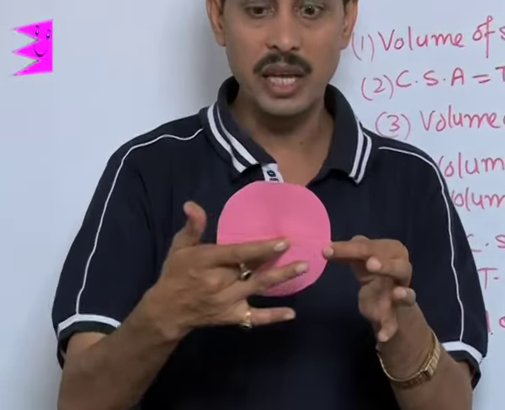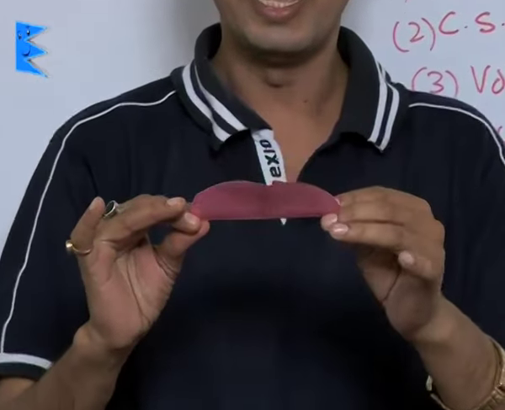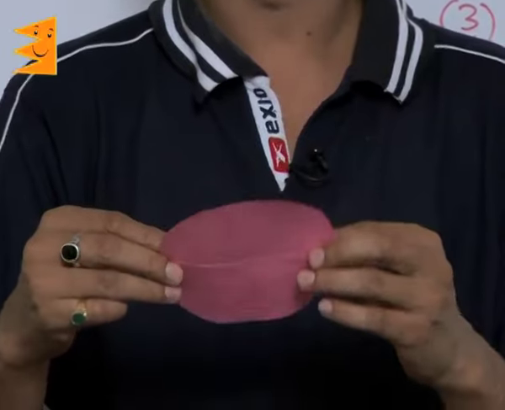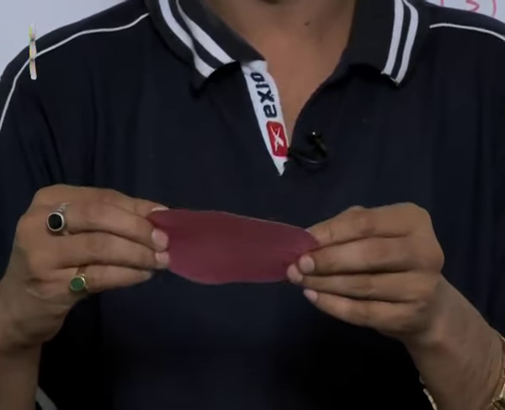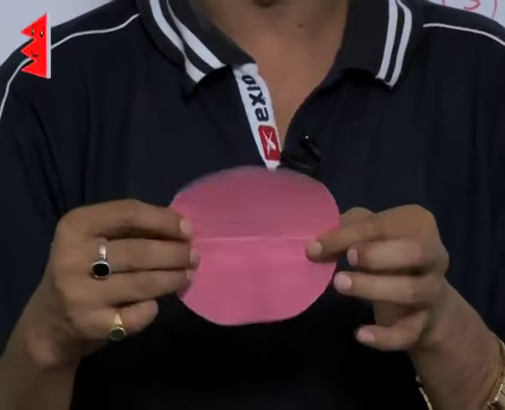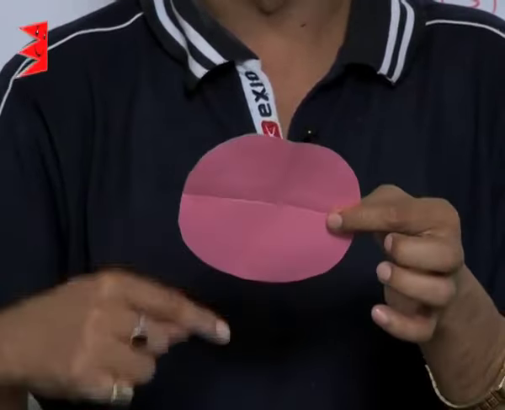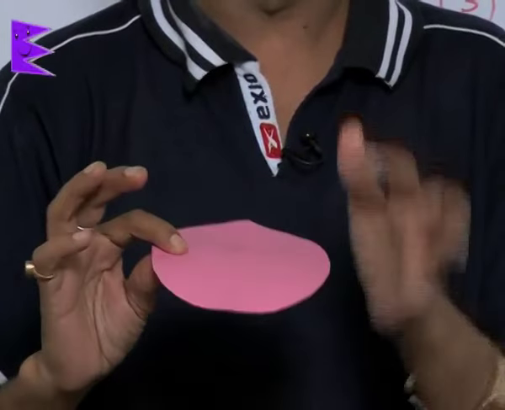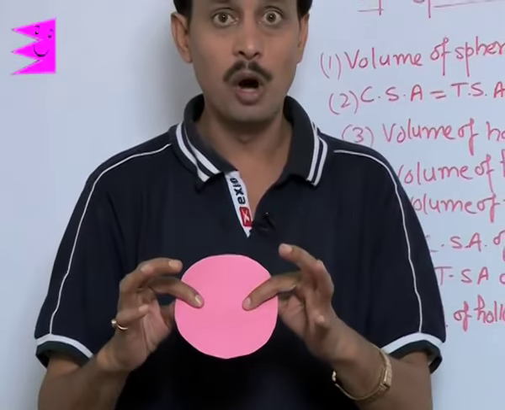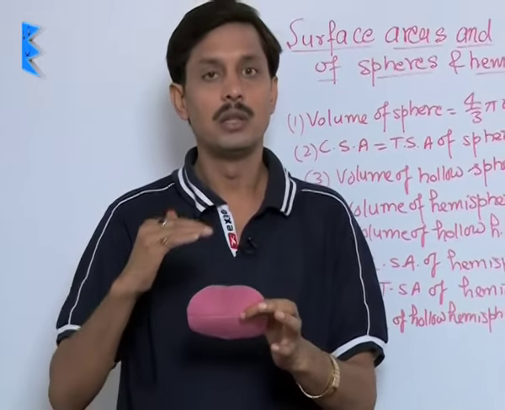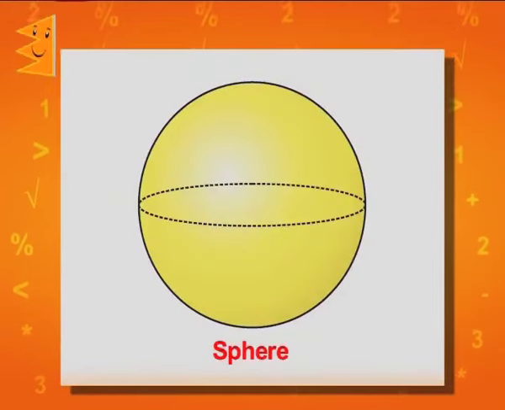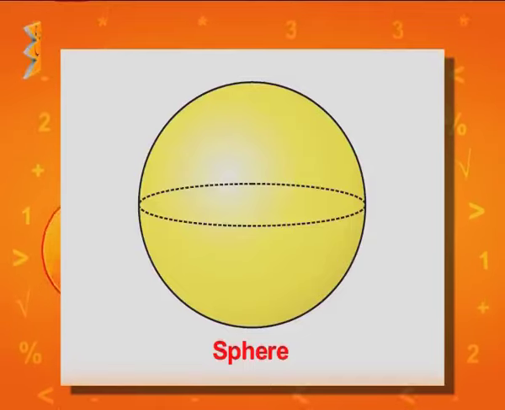By keeping any one of its diameters fixed, when this circular piece of paper or sheet is revolved, rotated about its diameter, then the amount of space occupied by revolving it in one round, the object so formed is what? The sphere. This is the formation of the sphere.